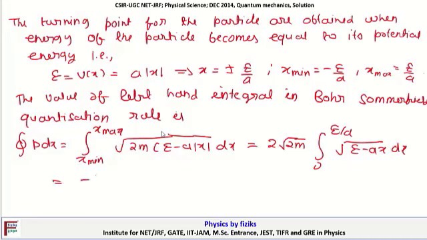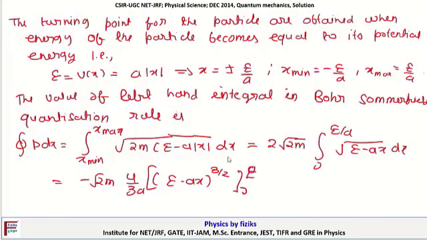This can be written as minus root 2m into 4 by 3A (E minus Ax) power 3 by 2, with limits 0 to E by A, which gives us root 2m into 4 by 3A E to the power 3 by 2.